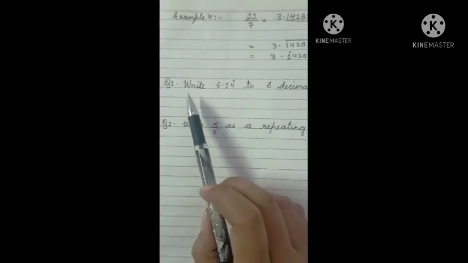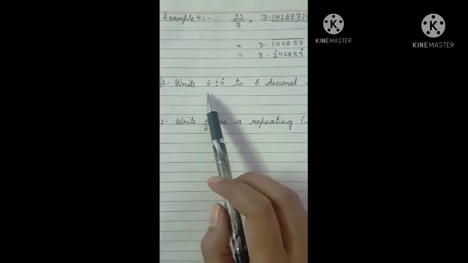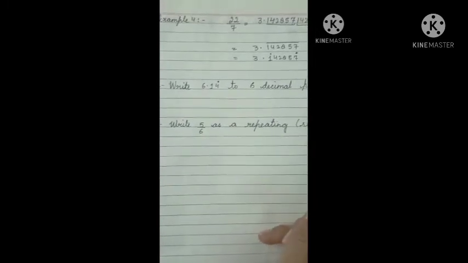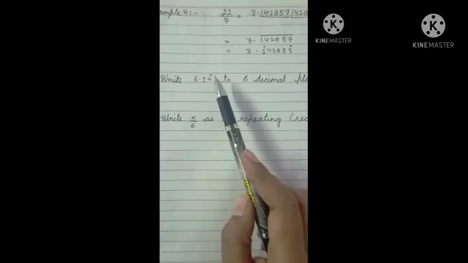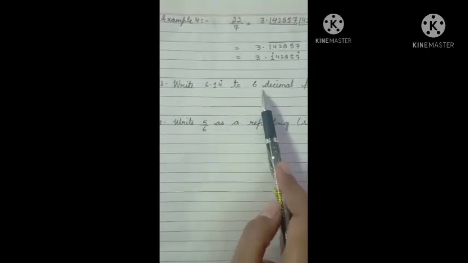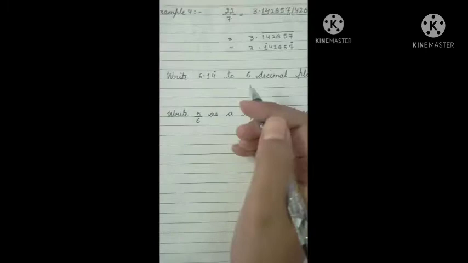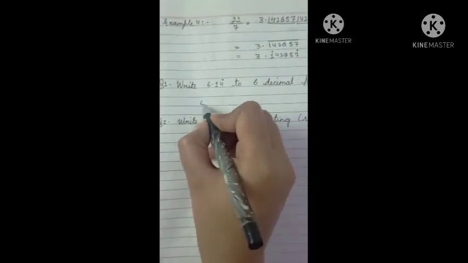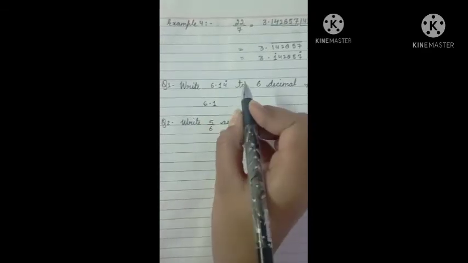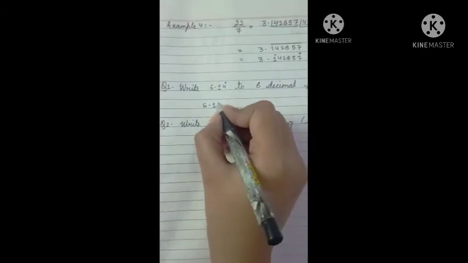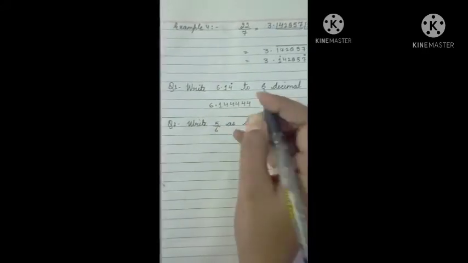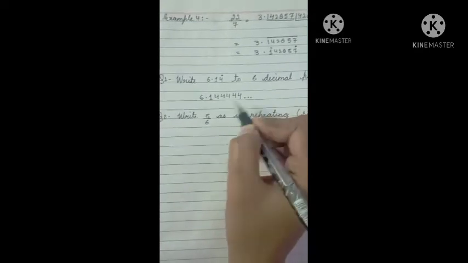Okay, now see this question. Write 6.14 with a dot over the 4 to 6 decimal places. So in this question the dot is over 4. It means that 4 is repeating, right? We have to write it up to 6 decimal places. So we write like this: 6.1, only 4 is repeating. 1 is not repeating. So we write 4, 4, 4, 4 and 4, and we make 3 dots because 4 is repeating.